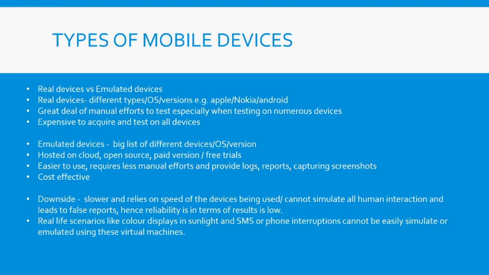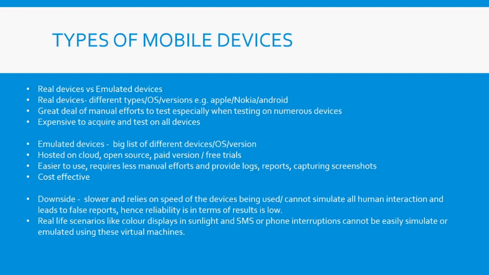Another thing is real-life scenarios like changing color displays. You want to check whether your application is accessible in the sun, or when the light is bright, or when the light is dimmed. That is very hard to do on an emulated device.